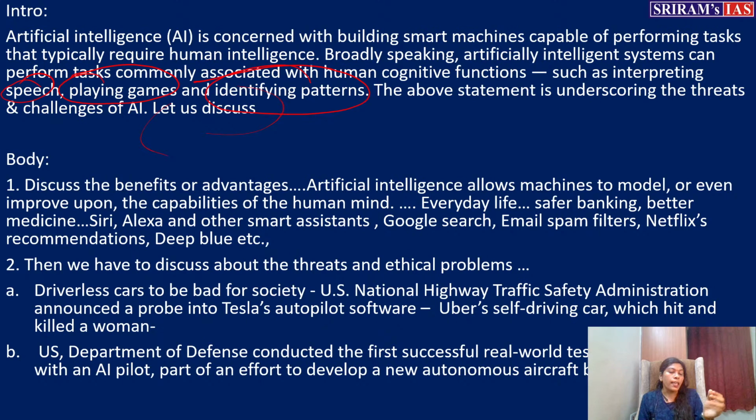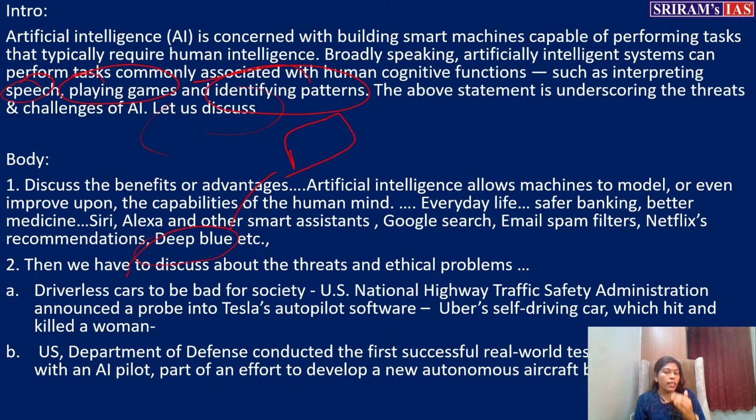Even assistants like Alexa, Siri, all these are smart assistants we are having. In the same way, search engines, spam filters, email spam filters. Even Deep Blue, which IBM developed long back for chess, played against the chess masters. So you can give the benefits of AI first.